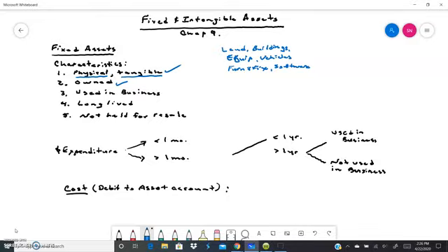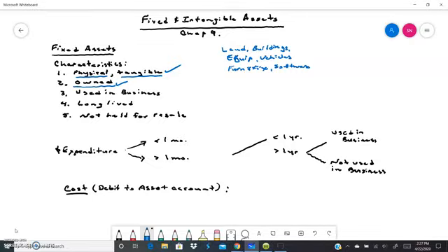Typically, they're owned, although there are certain situations in which we can lease assets and where we have the ability to purchase them at a reduced price, or where we've essentially paid for the asset and it's more of a financing type transaction. That would also qualify as a fixed asset. That would be covered in intermediate accounting, but generally speaking, fixed assets are owned assets.